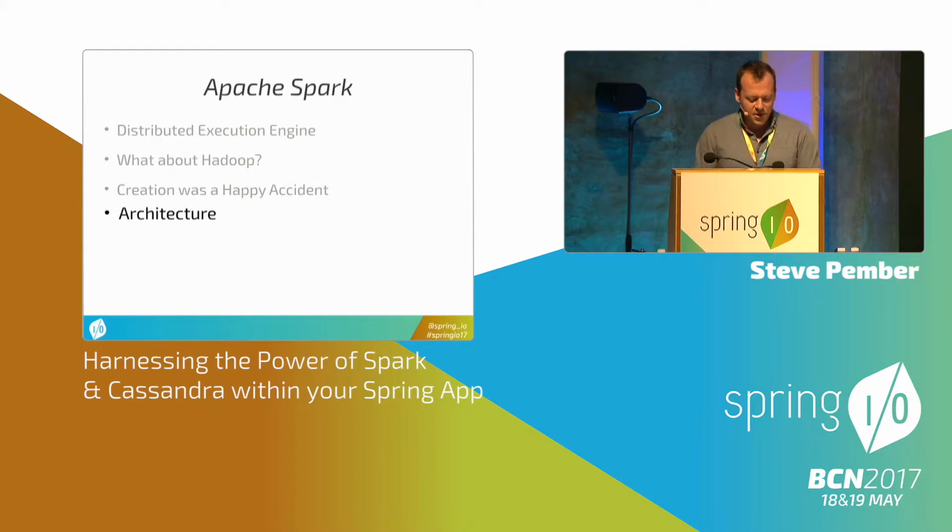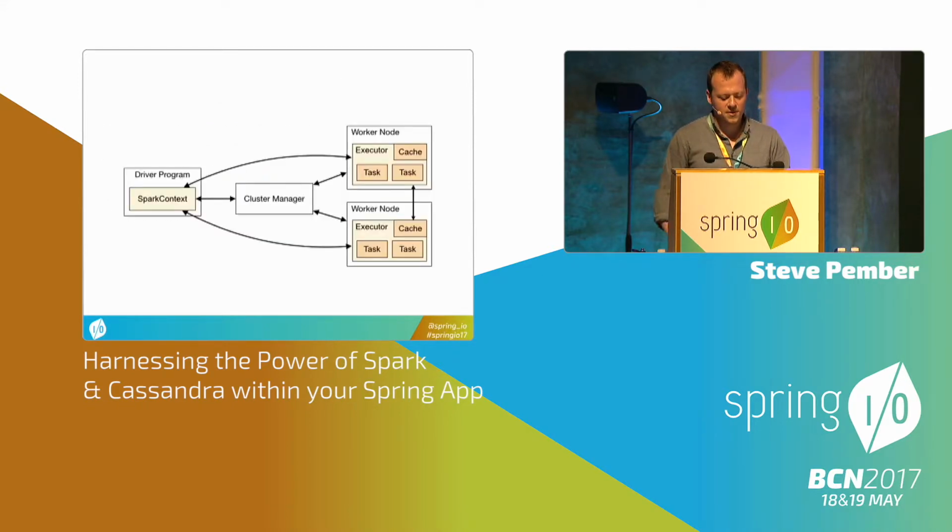So what does Spark physically look like in your environment? How is it laid out? This is an architectural diagram from the Spark website that gives you an example of what a Spark cluster might look like. You have one master node known as the cluster manager, or sometimes Spark master. If you need to do work, you submit jobs to that cluster manager.